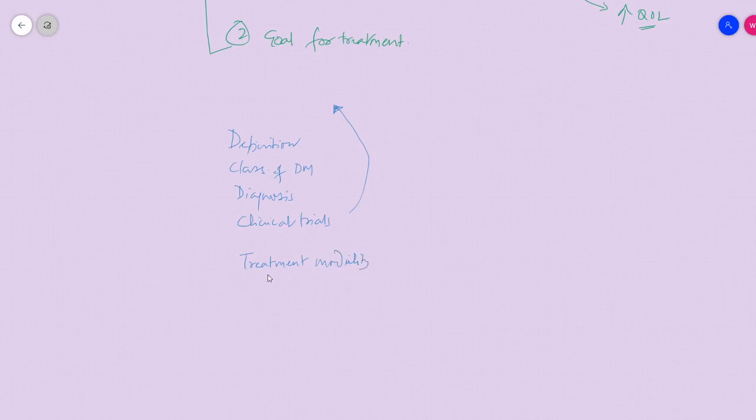Here when we say treatment modality, we are talking about medical treatment modality. There are other interventions, surgical, nutritional, lots of other different modalities, but as far as medical modality is concerned, we have learned that for type 1, the intervention is insulin replacement.